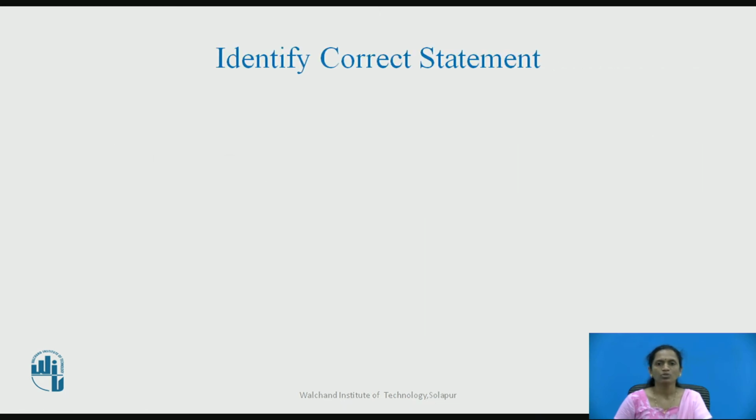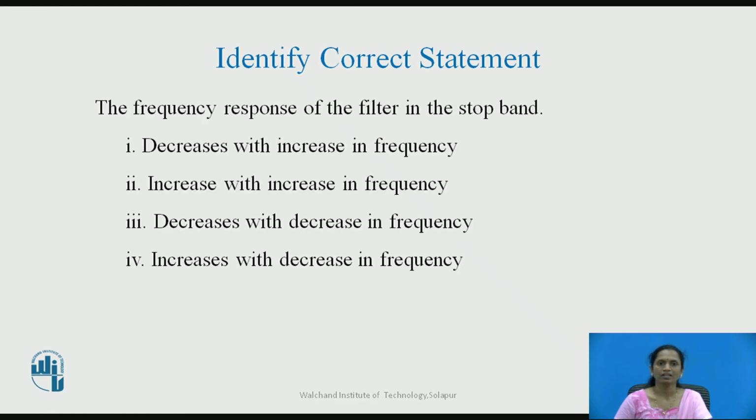Now pause the video for a minute and identify the correct statement, which shows whether you understood the frequency response of all four filters or not. The statement is: does the frequency response of a filter in the stop band decrease with an increase in frequency?